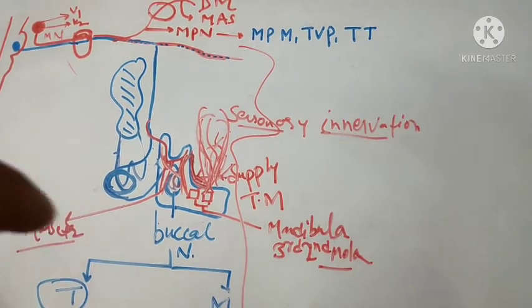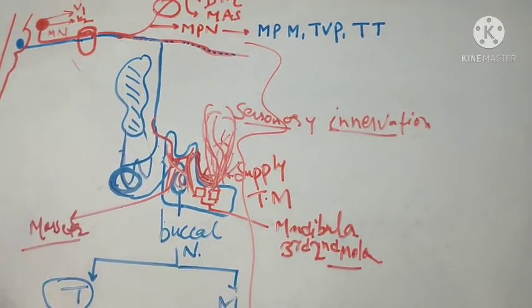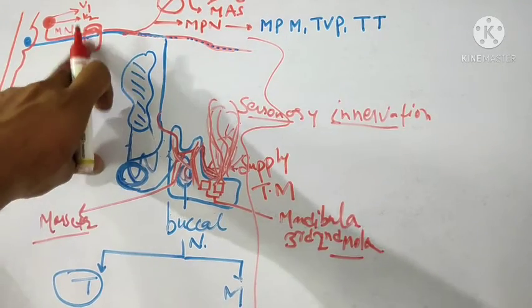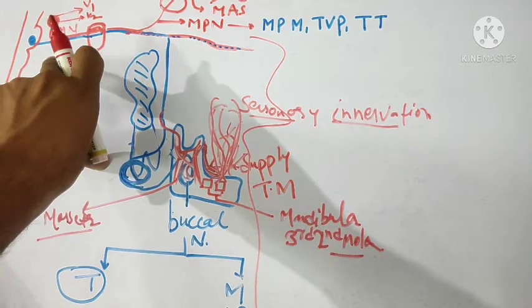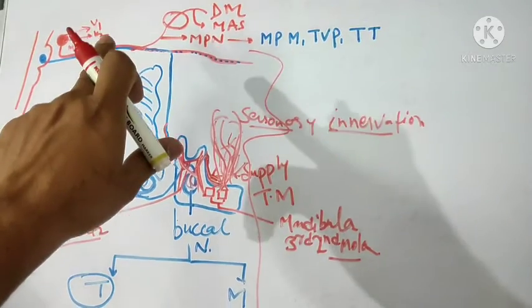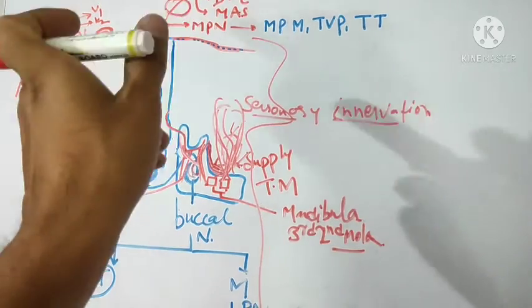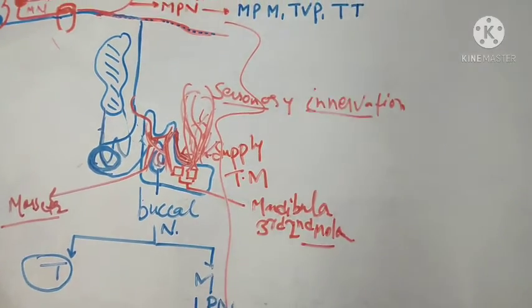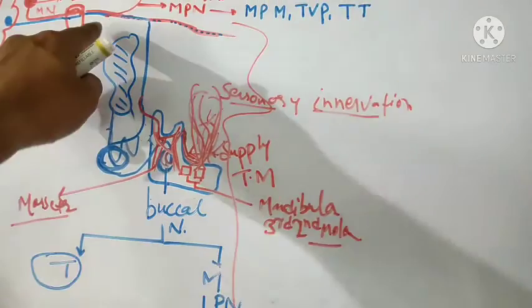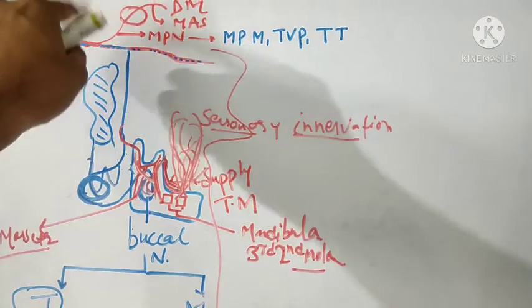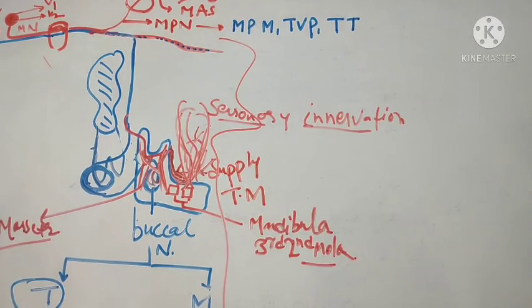At the same time there will be the motor nucleus, and the motor nerve will arise and enter the foramen ovale, and they will supply all the muscles of mastication, that is motor innervation. After entering the foramen ovale, these two nerve roots join with each other and give a branch in the cranium, the meningeal branch.